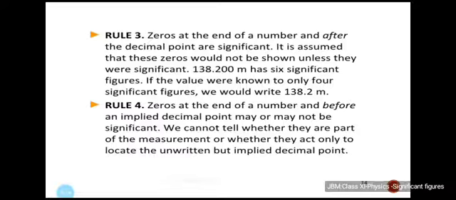For example, x equal to 1000 has only one significant figure. x equal to 378000 has 3 significant figures. So zeros at the end of a number and before an implied decimal point may or may not be significant. We cannot tell whether they are part of the measurement or whether they act only to locate the unwritten but implied decimal point.